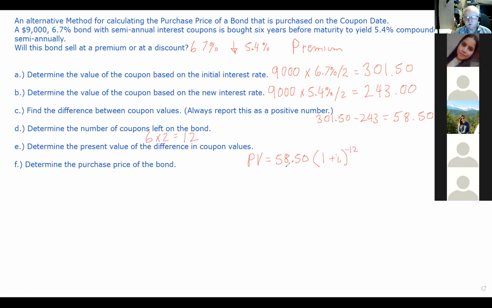We're just finding the present value of the difference. Let's see what that equals. I is going to be 5.4%. So let's actually put that in here.